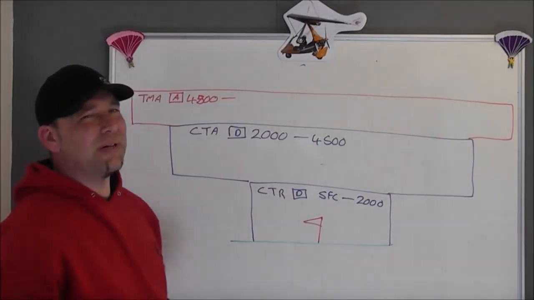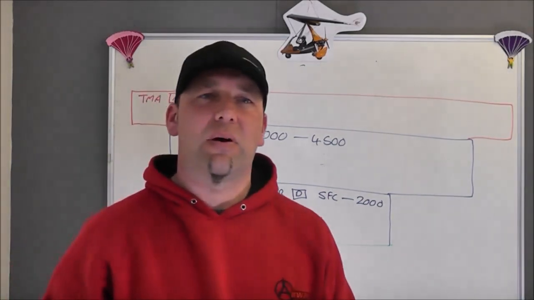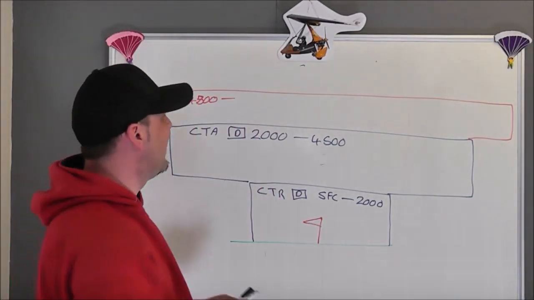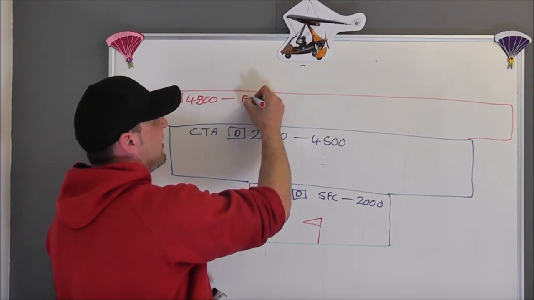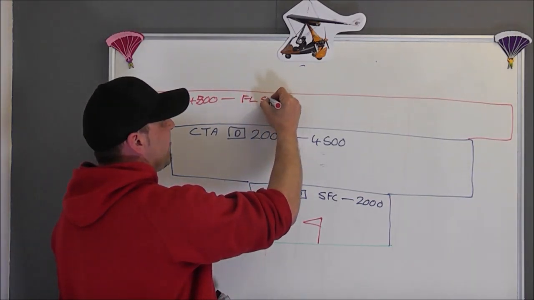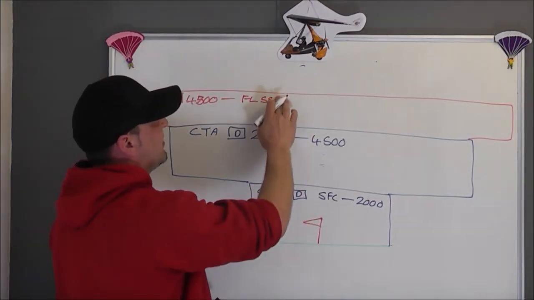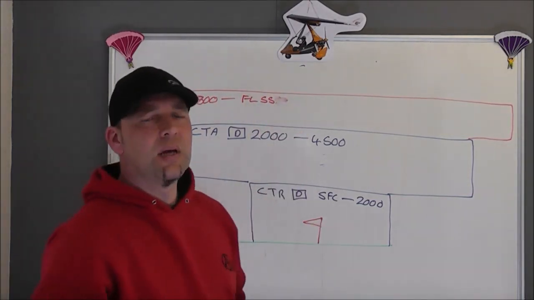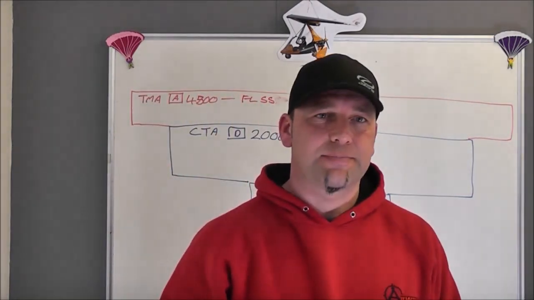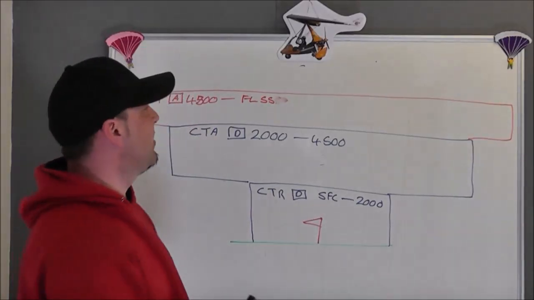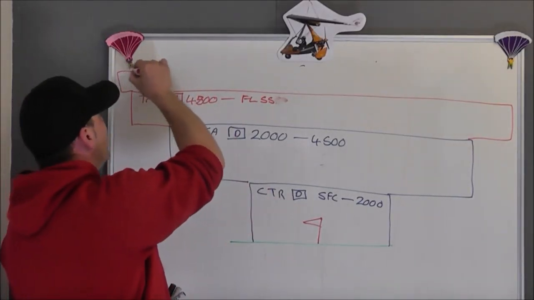And then once we get above the 5,000 mark is when it starts switching to a flight level. So this might be flight level 5.5, so 5,500 feet.